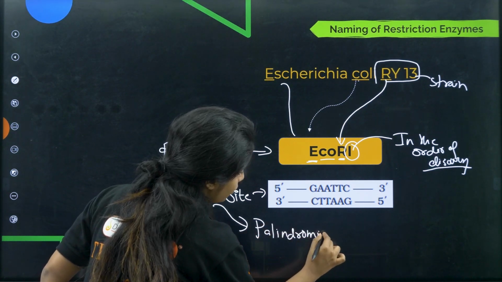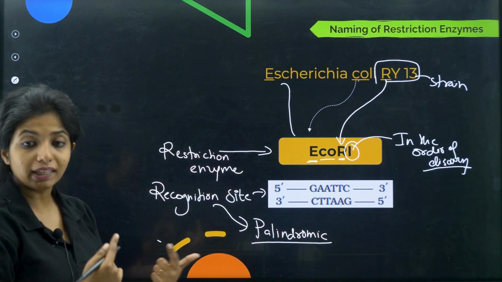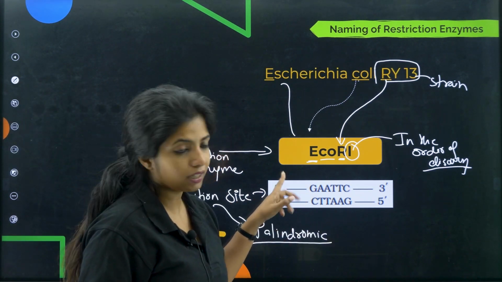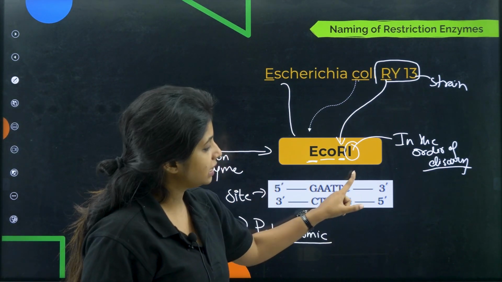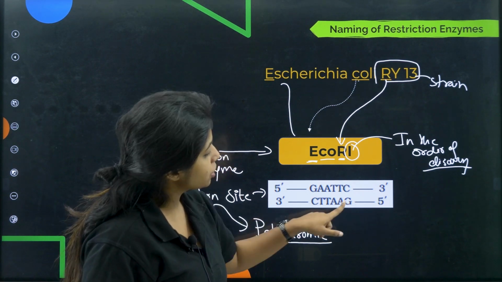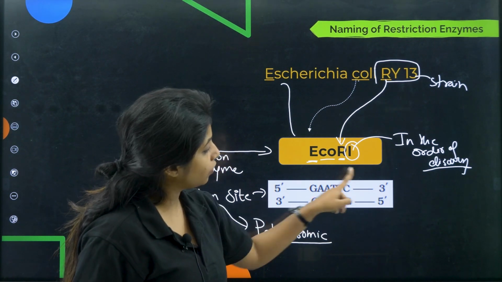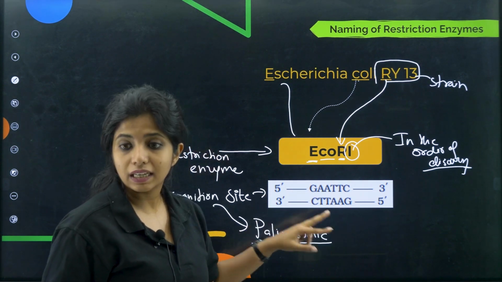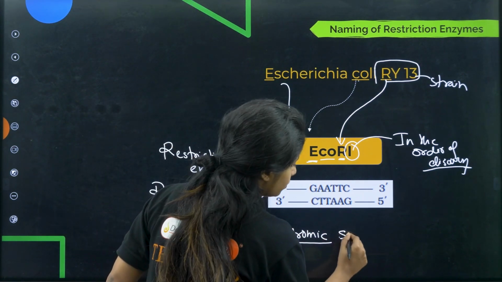What do you mean by a palindromic sequence? When I read from both sides, it sounds the same. Over here GAATTC, and again 5' to 3' on the other strand, it is GAATTC. So either way, from 5' to 3', both sound the same. So it is a palindromic sequence.